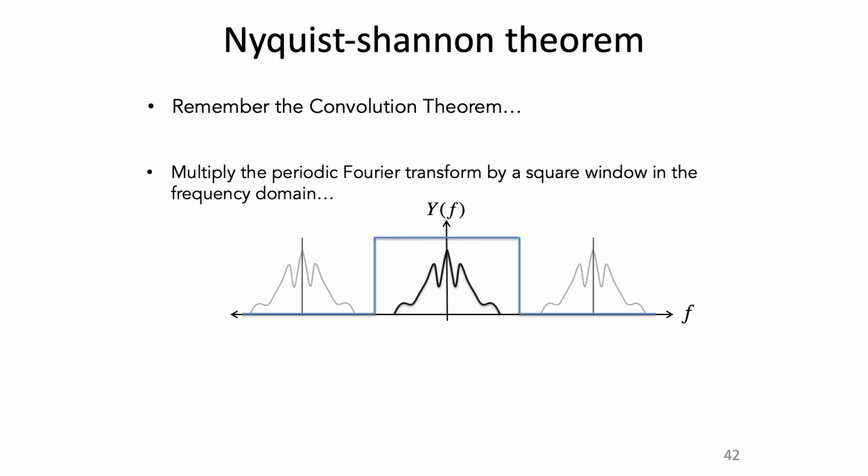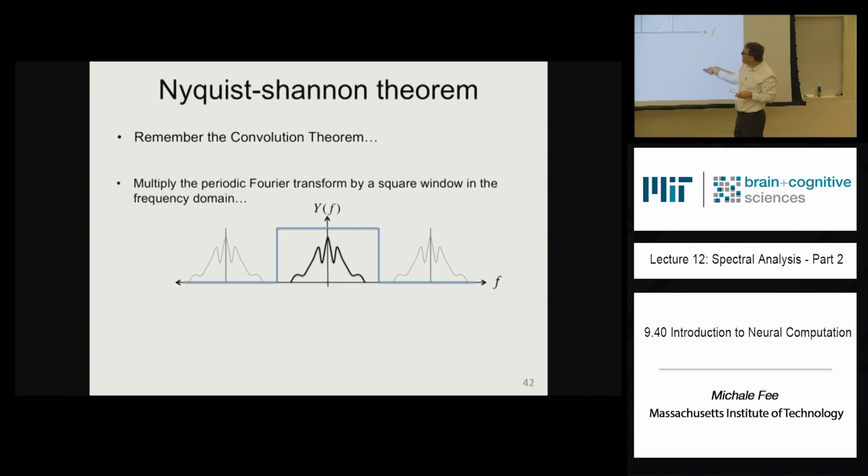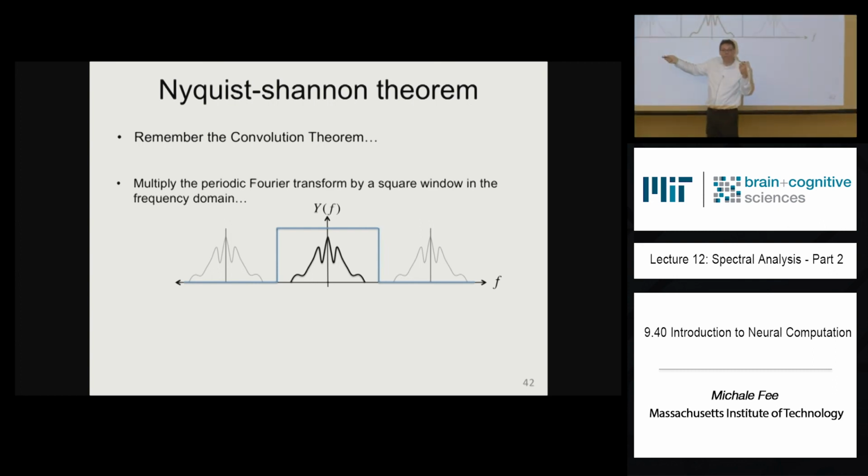So all I do is in the frequency domain, I take that part, I keep this, and I throw away all those. In other words, I multiply the Fourier transform of my sampled signal in the frequency domain by a square pulse. That's 1 here and 0 everywhere else. Does that make sense?